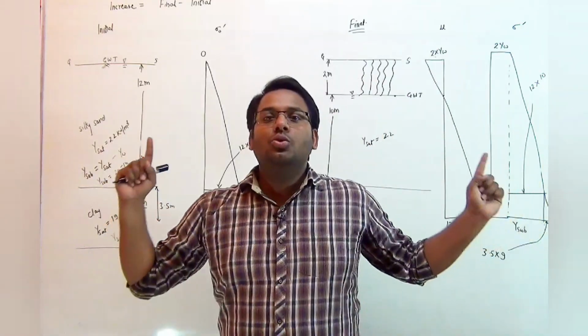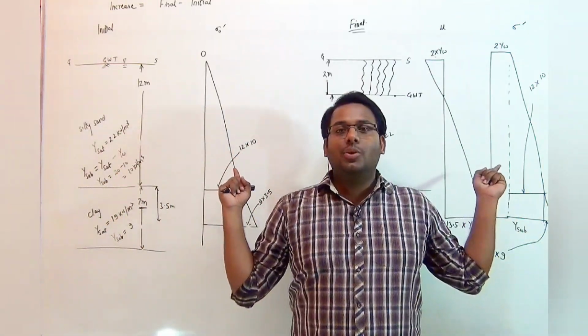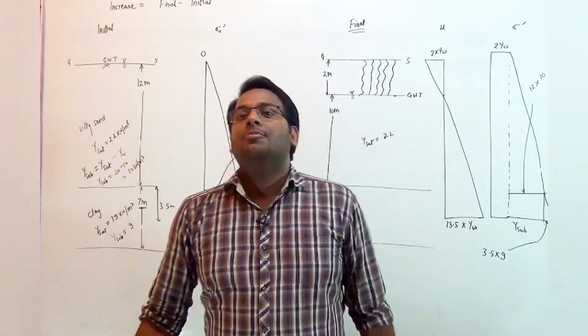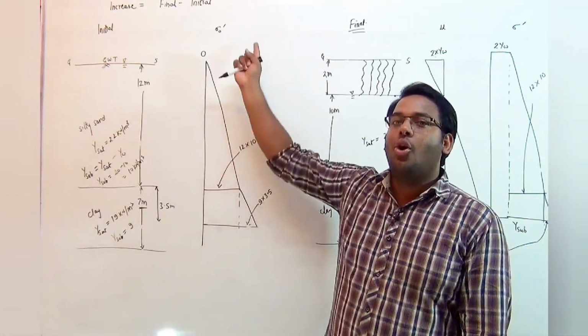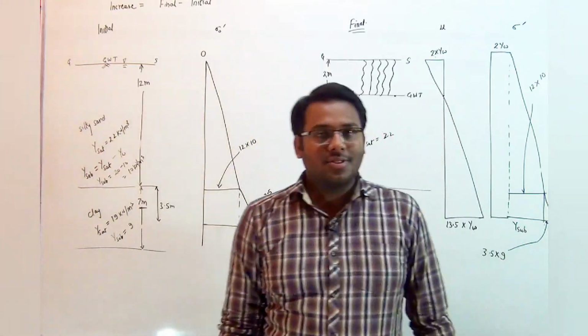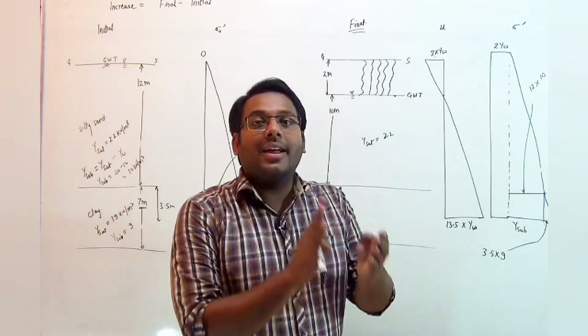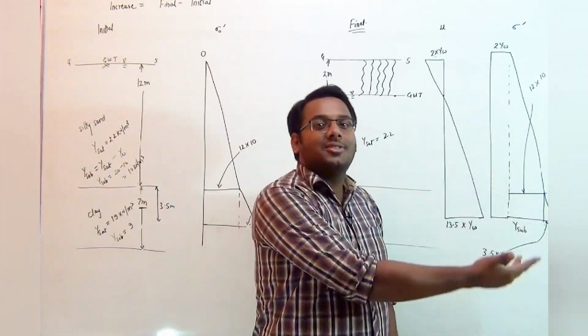From the given two diagrams of the effective stress, you can easily compare them and say that the triangle drawn in the first or initial effective stress diagram is the same, but there is an extra rectangle portion in the final stress diagram.